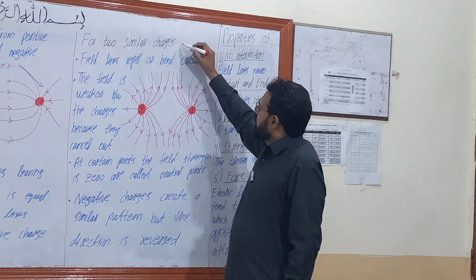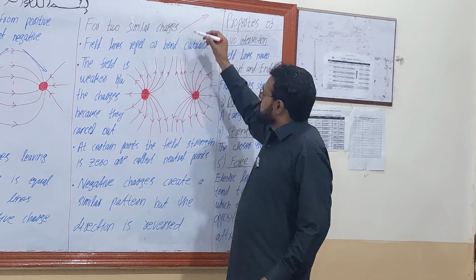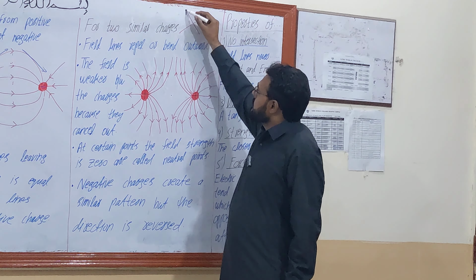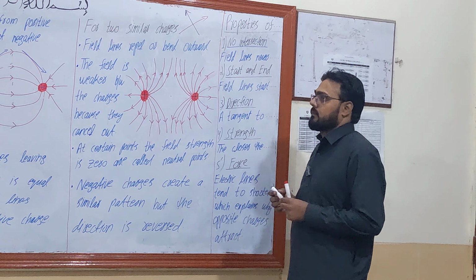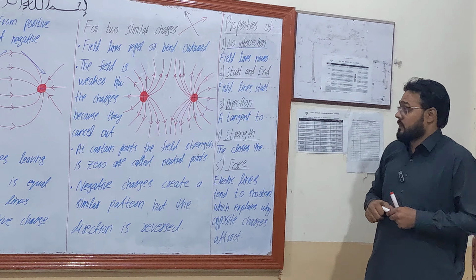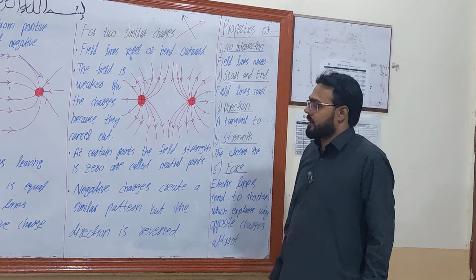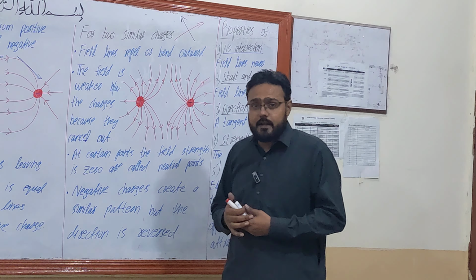For example, one field line is going in this direction and the other in this direction. It's impossible. Why is it impossible? The reason is that the electric field is a vector quantity. A vector has only one direction.